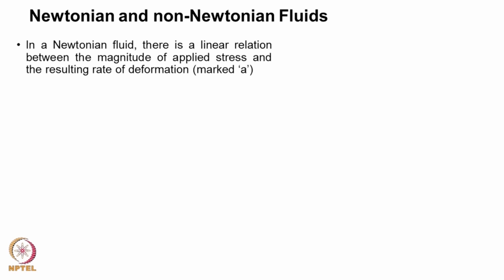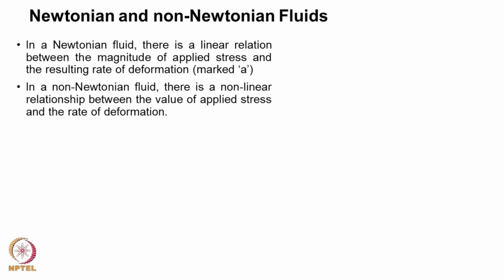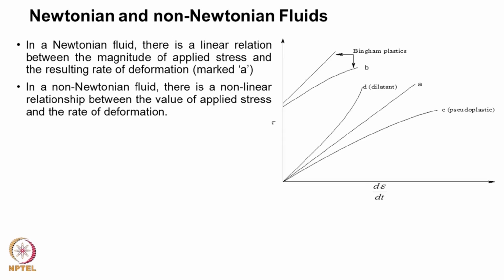There is a major classification: Newtonian fluid or non-Newtonian fluid. In a Newtonian fluid, there is a linear relationship between applied stress and the resulting rate of deformation. In a non-Newtonian fluid, there is a nonlinear relationship between the applied stress and the rate of deformation.